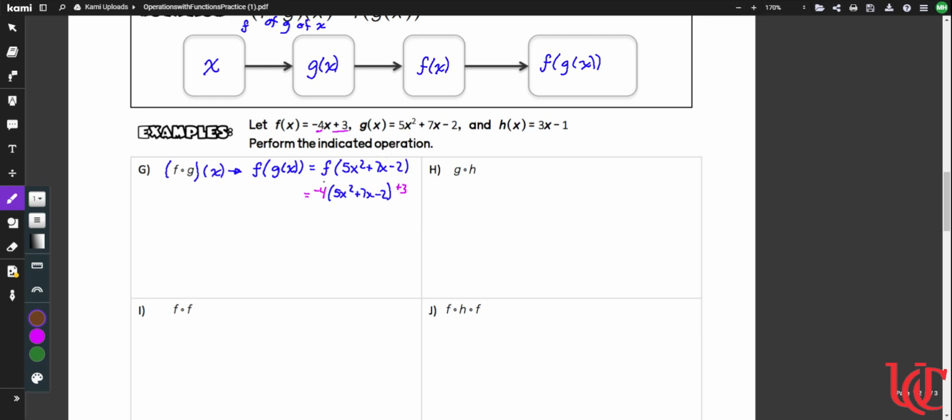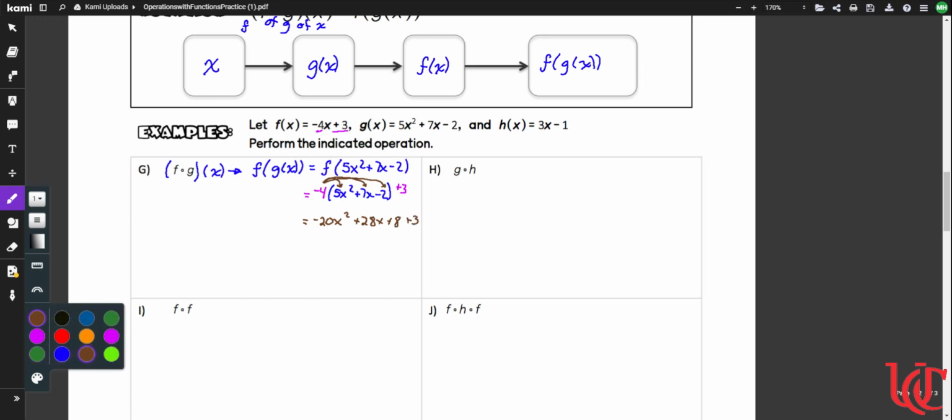So I'm going to distribute this -4 to everything over there. So I have -20x squared. -4 times 7x is plus 28x. And -4 times -2 is positive 8. And then I still have that plus 3.